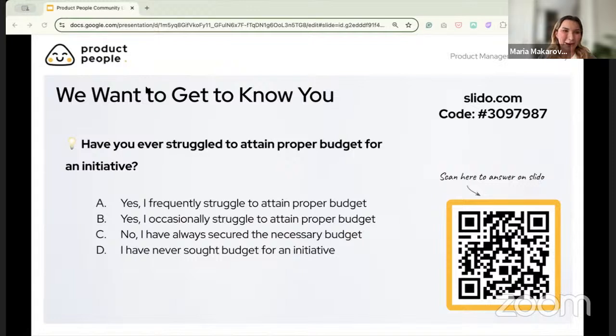You can see the options on the screen, and we'll wait several seconds until the answers start coming in. I think it's a fantastic question to see how much knowledge and experience you already have with financial operations and product management or related topics.